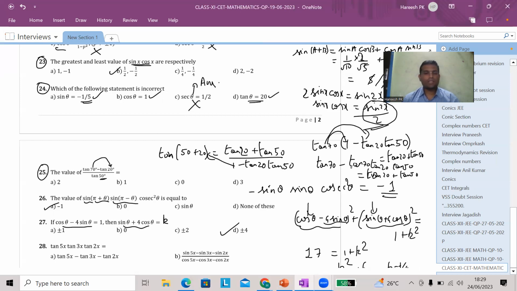Now tan 70 and tan 20. Tan 70 is nothing but cot 20. So because this is cot 20 and this is tan 20, both will get cancelled. And now we end up getting tan 70 minus tan 50 is equal to tan 20 plus tan 50.